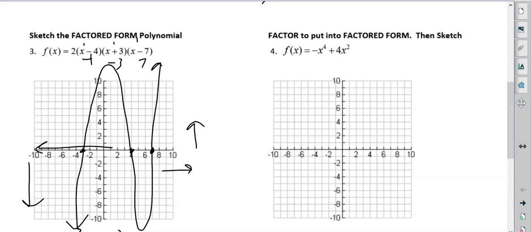Okay, now this one says put it in factored form first. So you need to pull out an x squared, and that's going to give me x squared plus 4. But that's going to lead me to x squared minus 4.